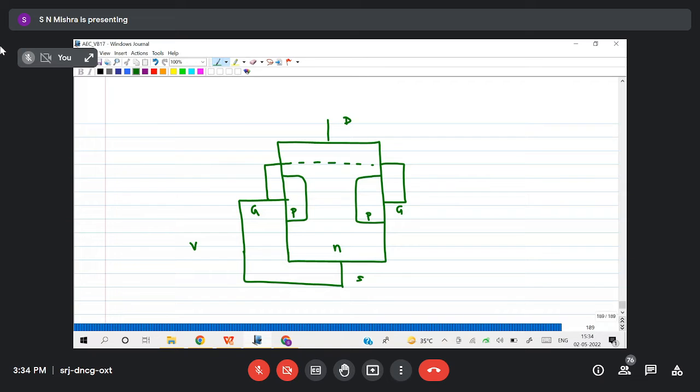So I'll first take VGS equals 0 volt. Then I'll connect VDS. This is your VDS. Now suppose this is open, VDS is open circuited.